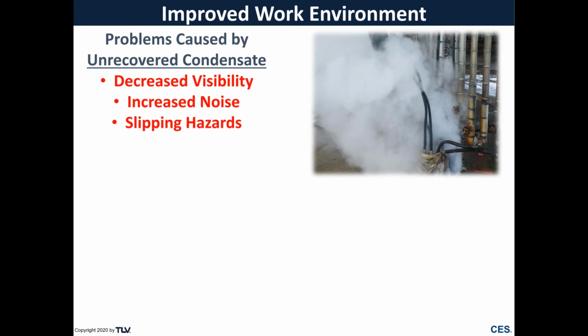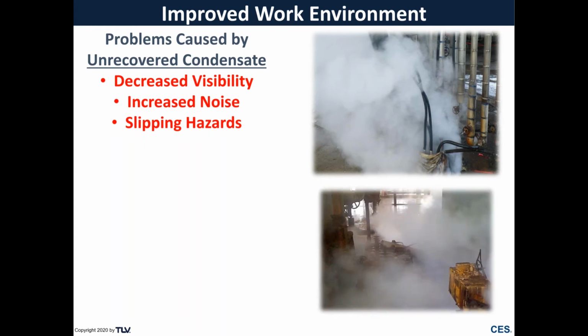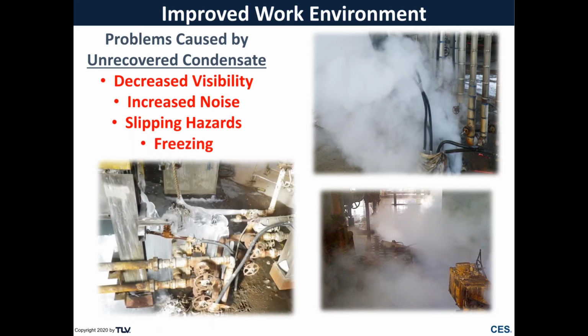It can also create slipping hazards by having condensate on the ground, which can form algae. And in low temperature environments, in northern climates, we can have freezing, which can also create a headache for plant personnel.